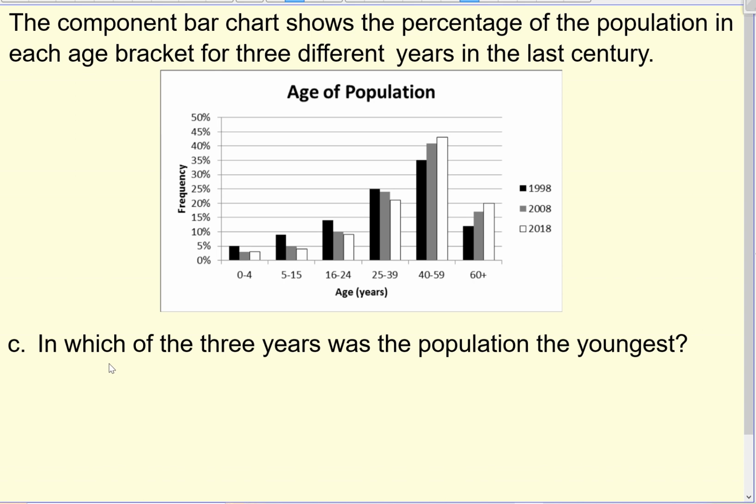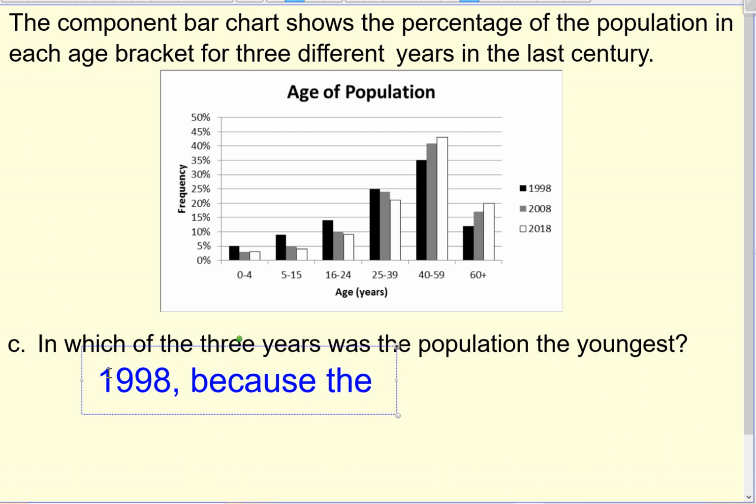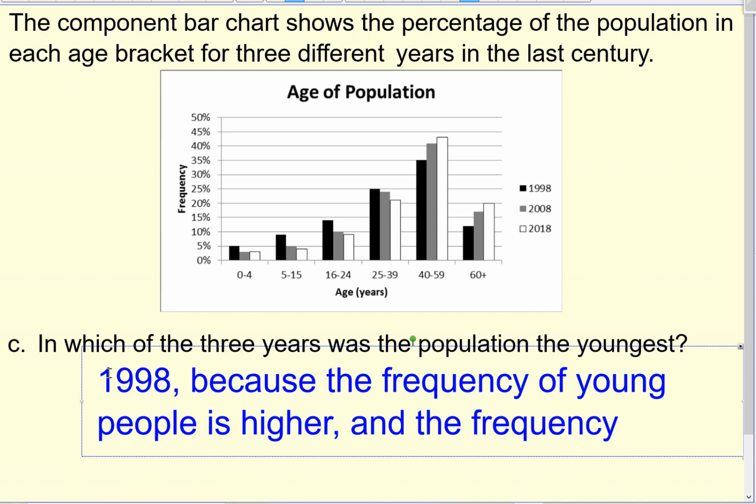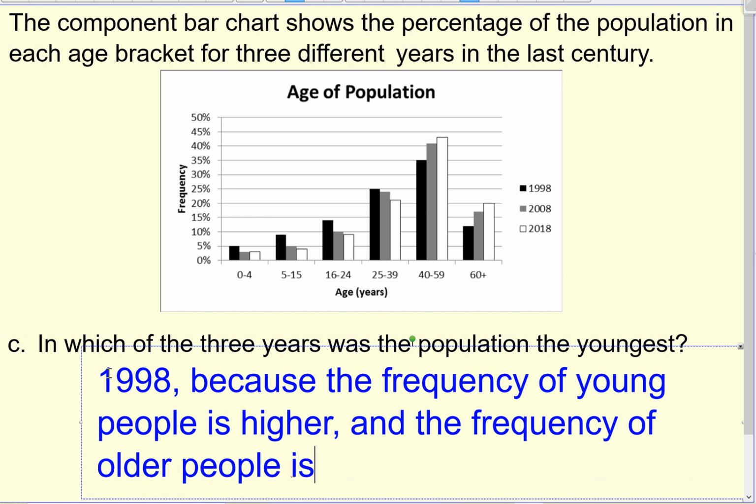So you could write in National 5 Applications of Maths, we always have to justify our answers. 1998 because the frequency of young people is higher, and the frequency of older people is lower than the other years.